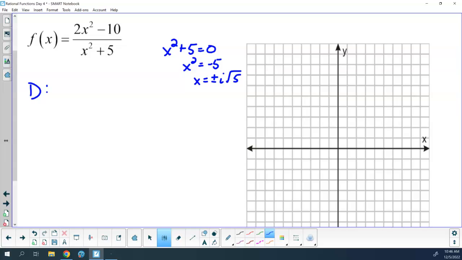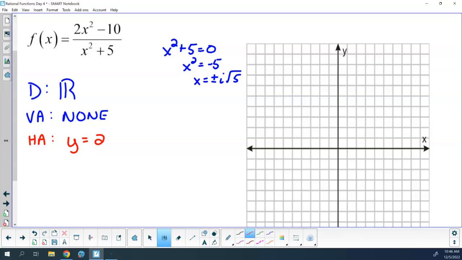Just straight up all real numbers? No restrictions? Because the restrictions are imaginary, so they're not real. So what does that mean for vertical asymptotes? There are none. Done. Horizontal asymptotes. Y equals 2.